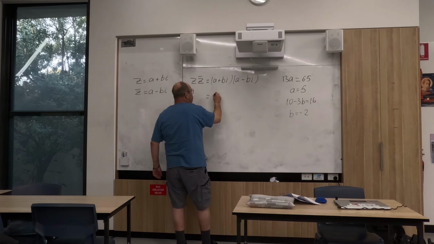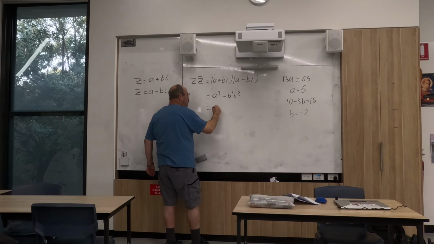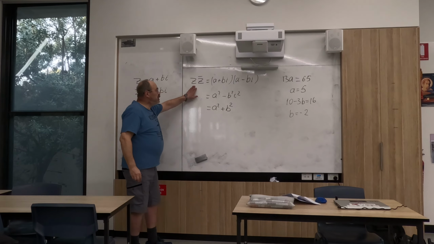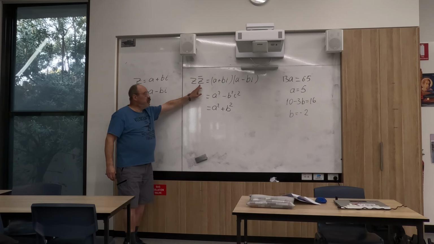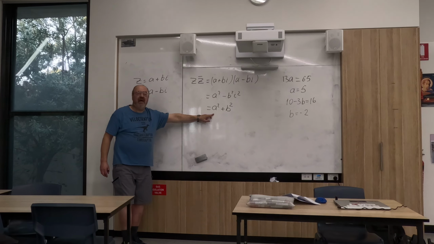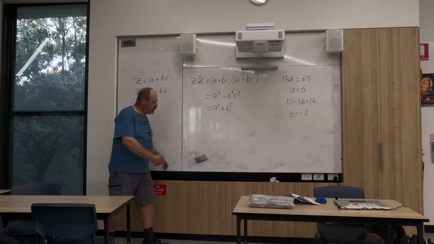That will be equal to a squared minus b squared i squared, which becomes a squared plus b squared. So when we multiply a complex number with its conjugate, we get a real number, and that we will use to divide complex numbers.